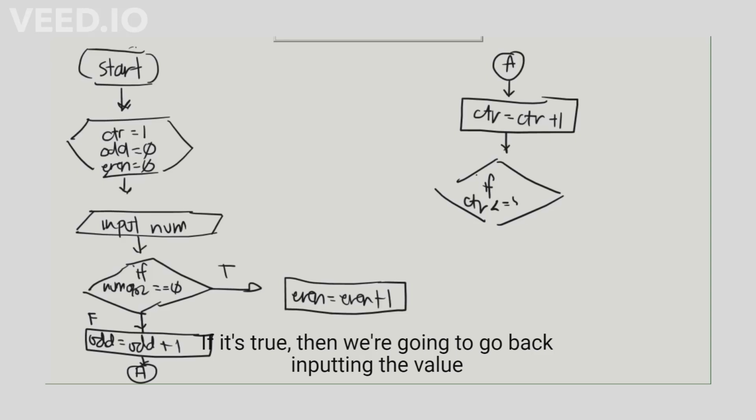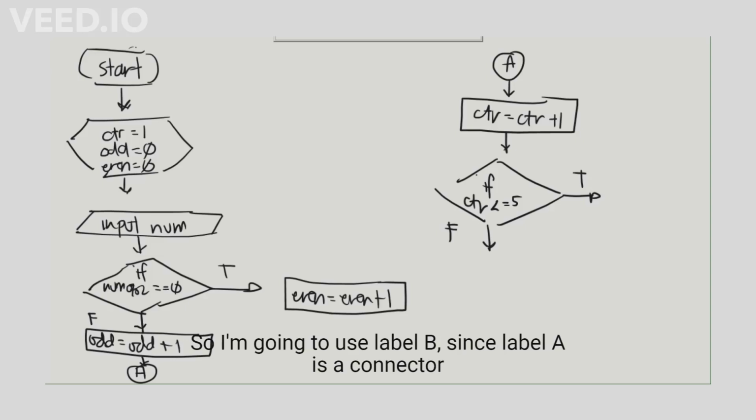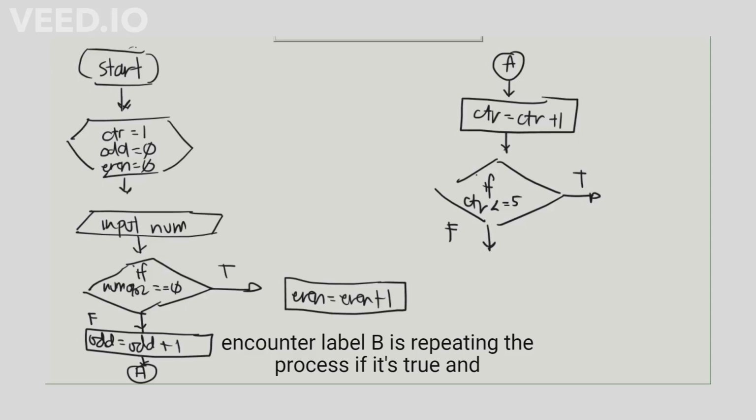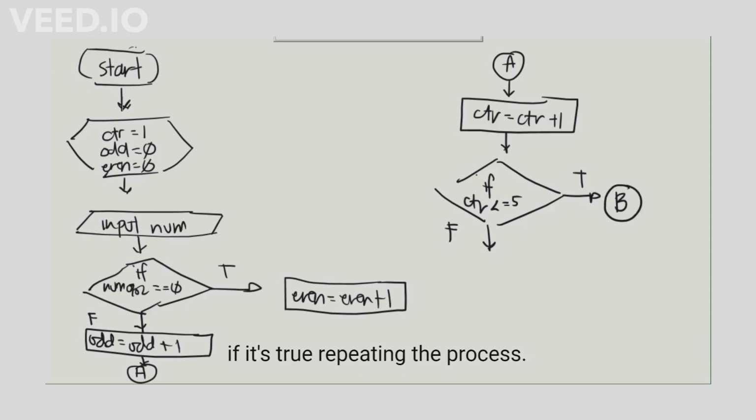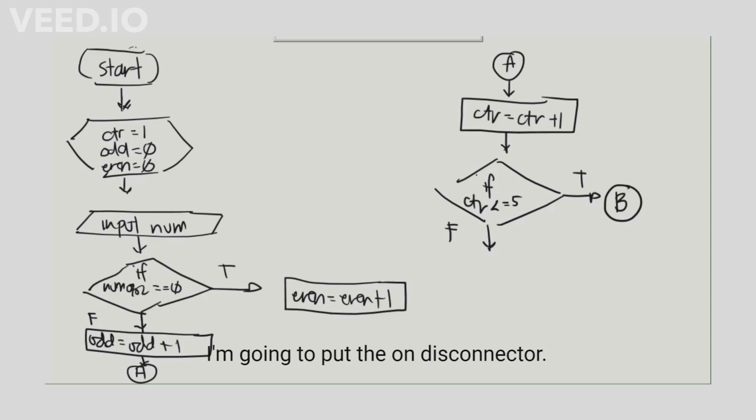If it's true, we go back to inputting the value of the new number. I'm going to use label B, since label A is a connector in the counter. Label B is repeating the process if it's true, meaning we're going to input another number. So I'm going to put B on this connector.